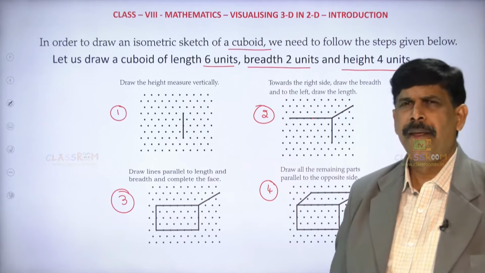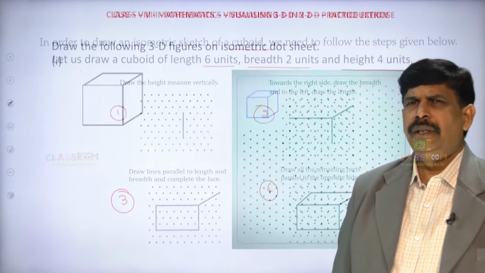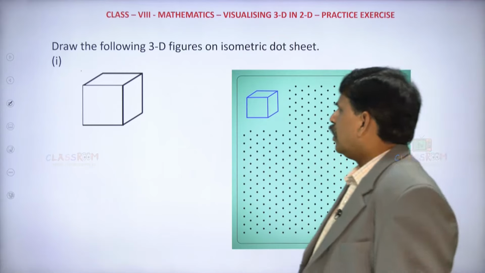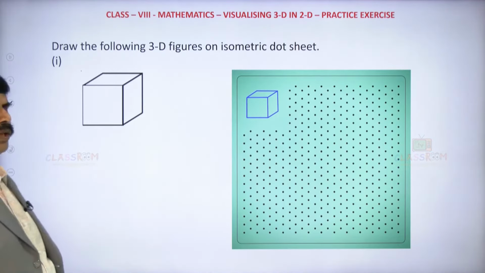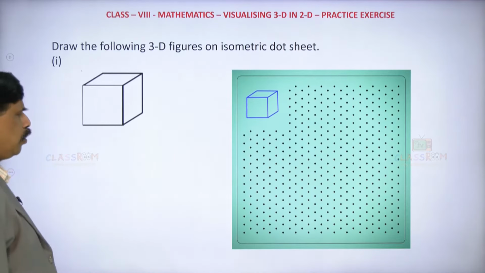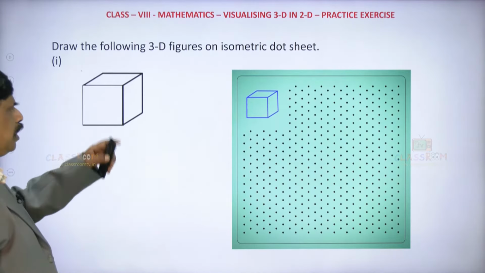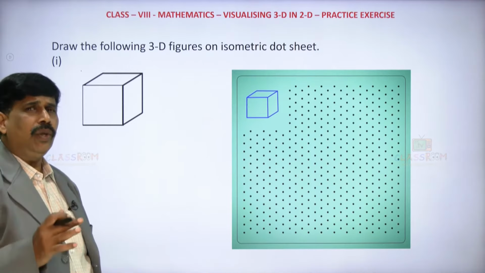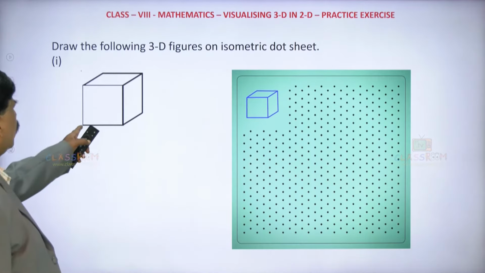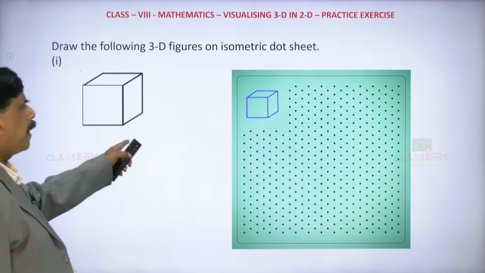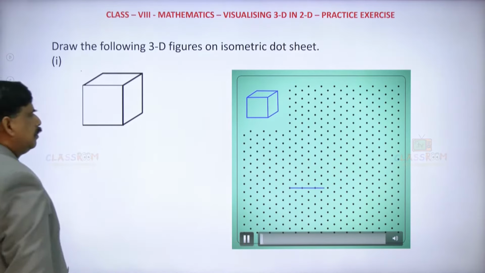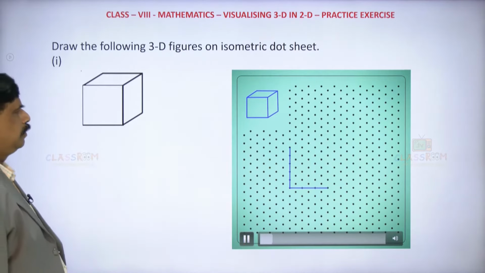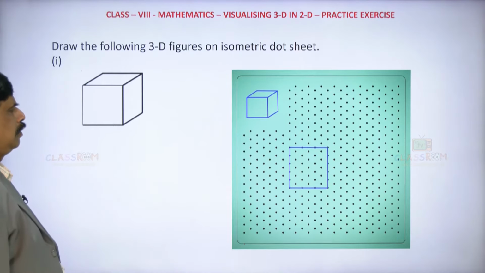Very easy. Now, let us see here. Draw the following 3D figures on the isometric dot sheet. So we have to draw the 3D figures on isometric dot sheet. See here, this is the figure given here. So let us see how we can draw by using isometric dot sheet. See?